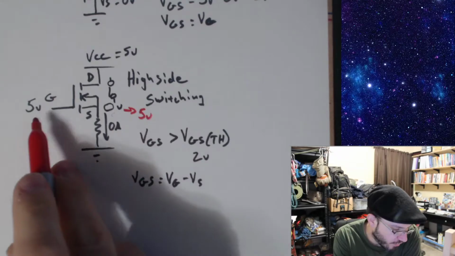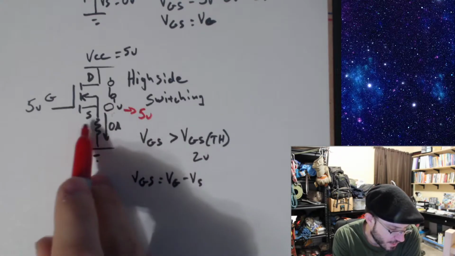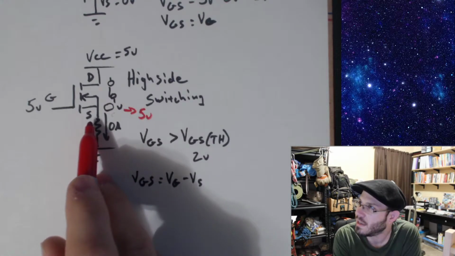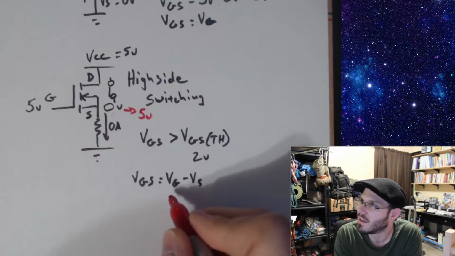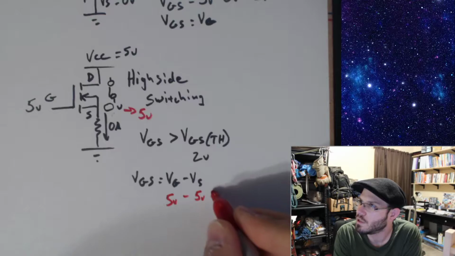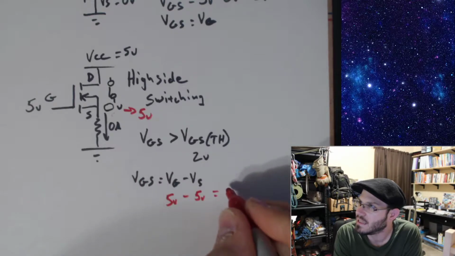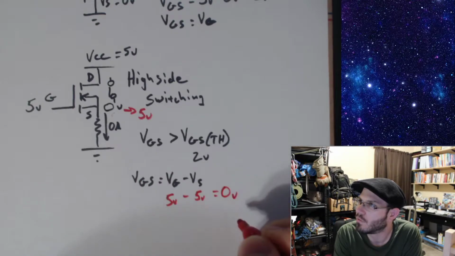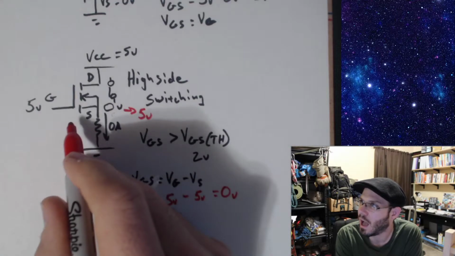Now, once you have 5 volts on the source, you now get 5 volts minus 5 volts, which means that VGS is now equal to 0 volts. And then this turns off.